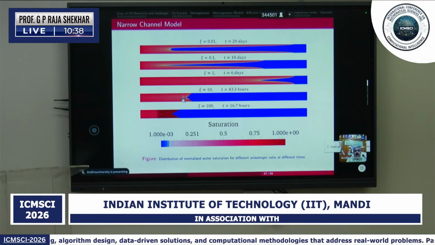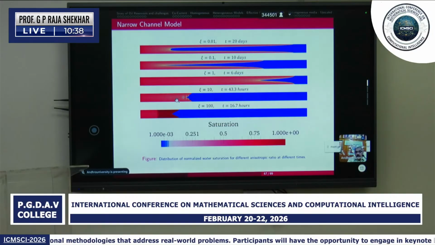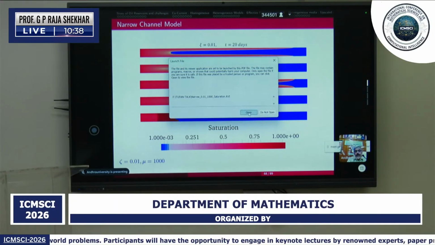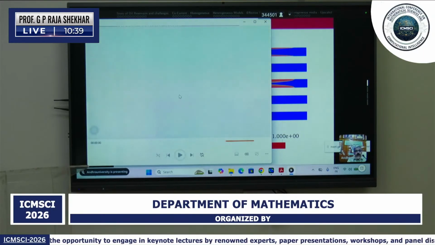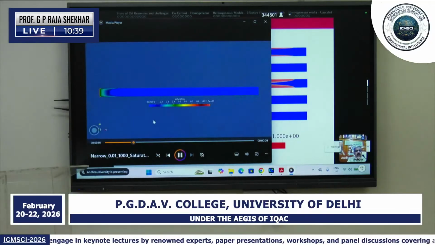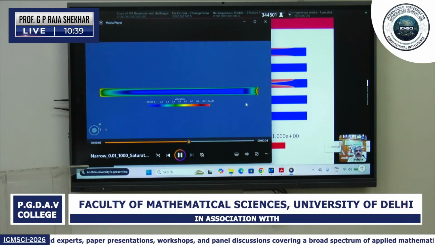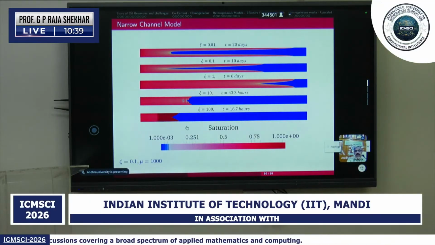This is called an oil bulb. If such bulbs are many, we will not be able to recover that oil. This is a wall effect. So this is how the oil bulb is getting formed. Okay, so these are the things that I'm.